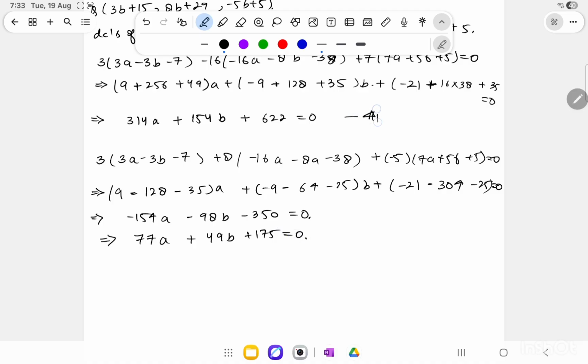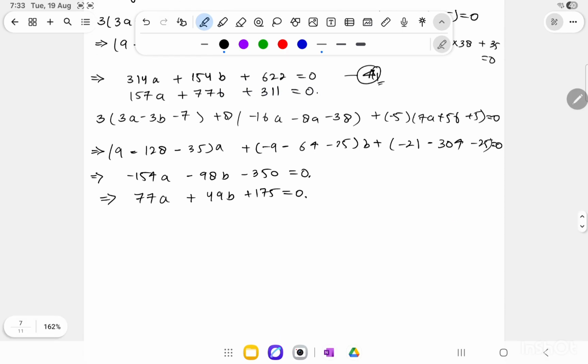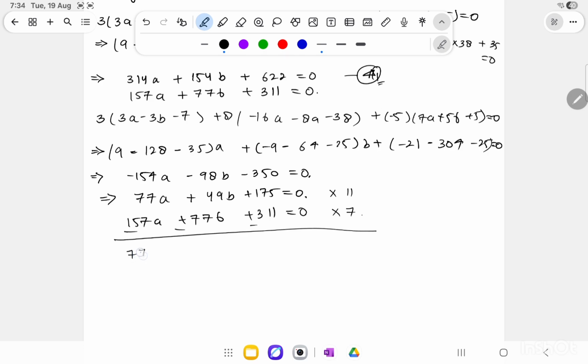I can simplify my above equation as well. So here I'll get 157a plus 77b plus 311 equals 0. So if I solve these two equations, I multiply one with 11 and the other with 7 and then subtract. I'll get 77 into 11 minus 157 into 7a.